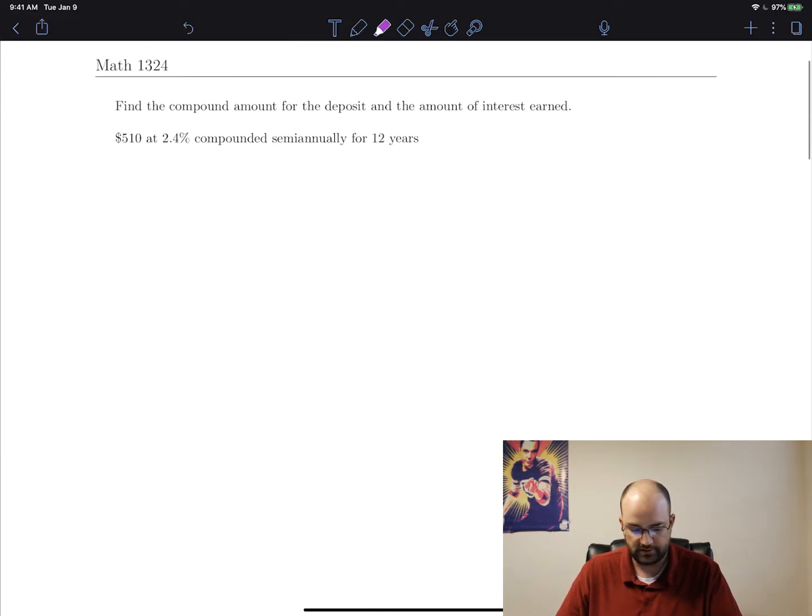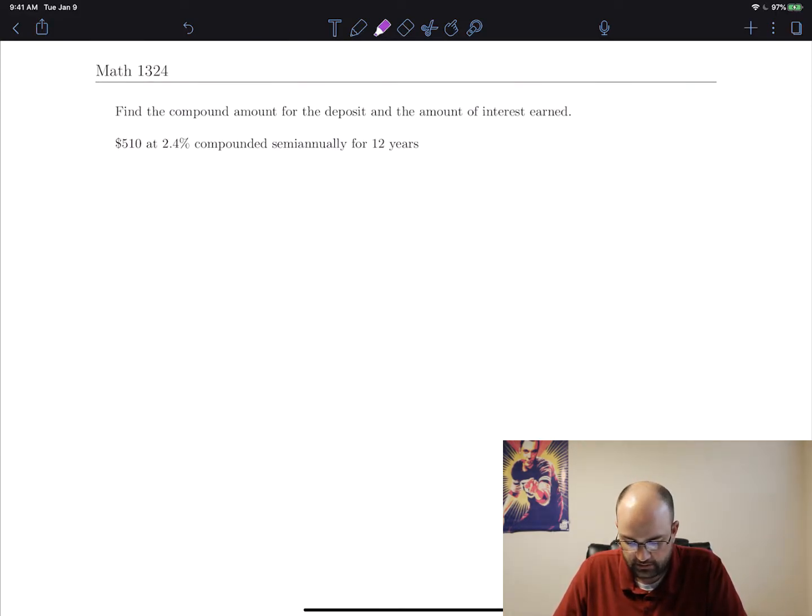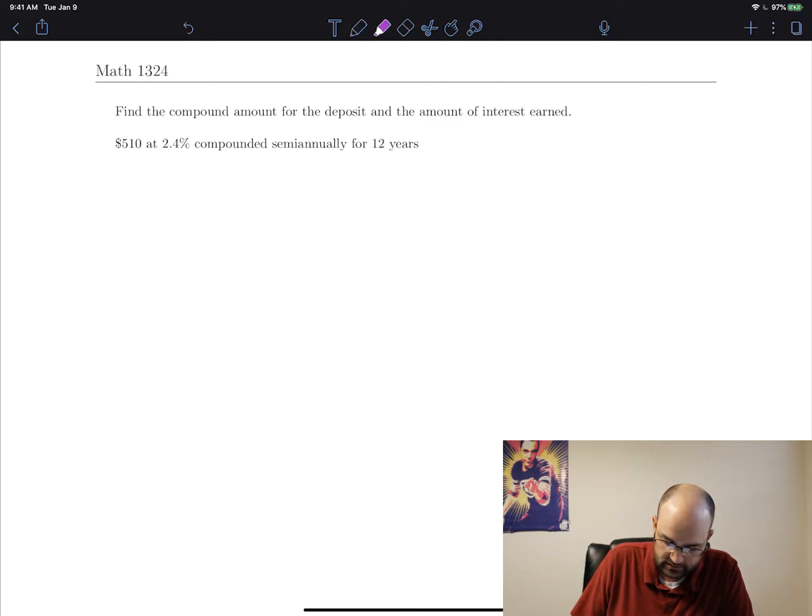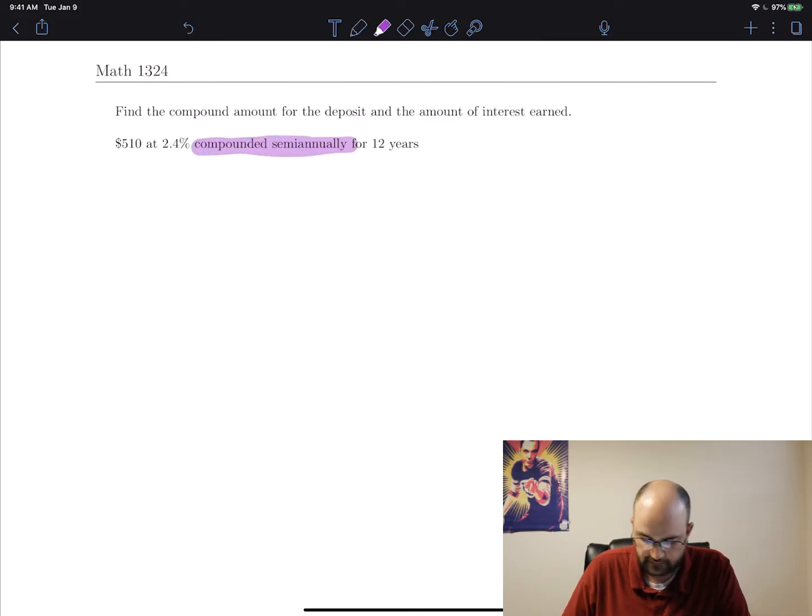Let's go back up here and we see find the compound amount for the deposit and the amount of interest earned. So $510 at 2.4% compounded semi-annually for 12 years. Okay.